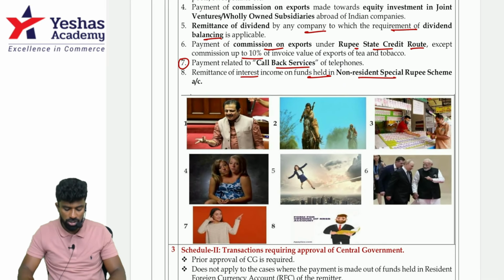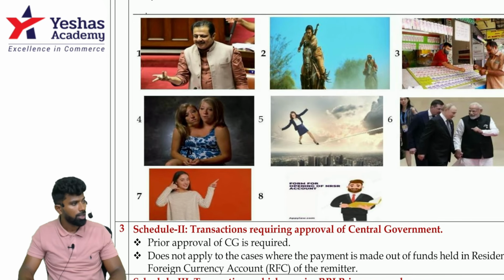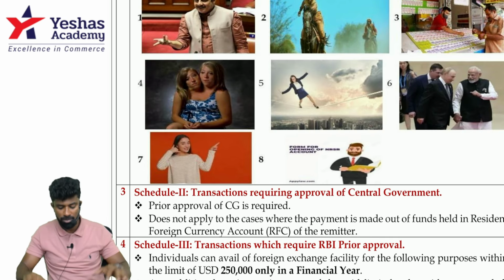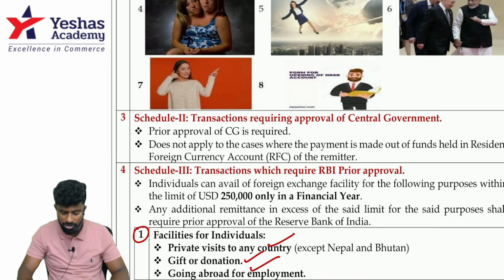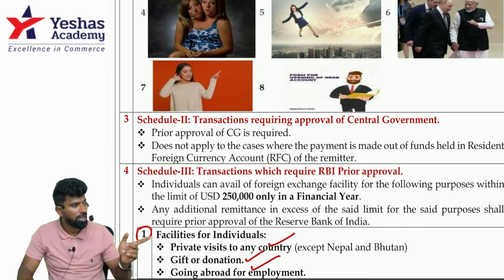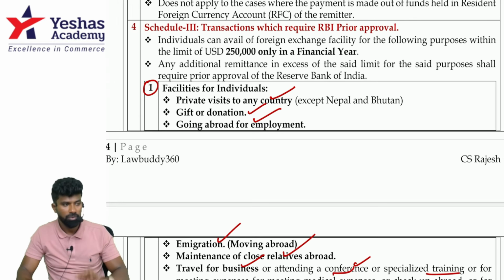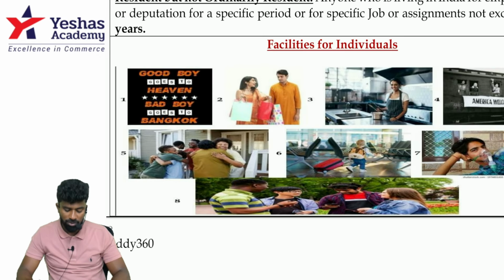Current account transaction: lottery, horse race, purchase of lottery ticket, joint venture, dividend balancing, special rupee credit scheme, callback services, non-resident special rupee account. Schedule 3, which requires RBI approval. Yes or no? First one is for what?